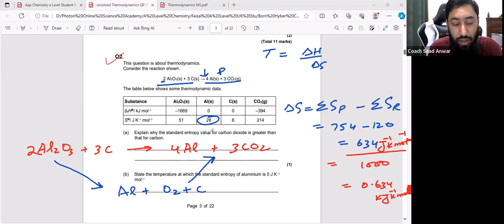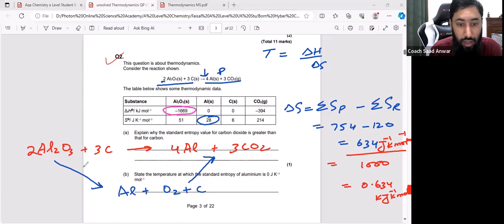Enthalpy of formation of aluminium oxide is given here. But guys, here I am going to break aluminium oxide into its constituent elements. So what I do is just reverse the sign.